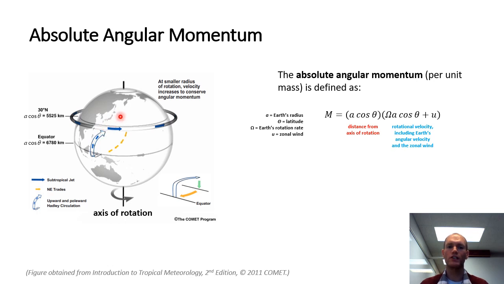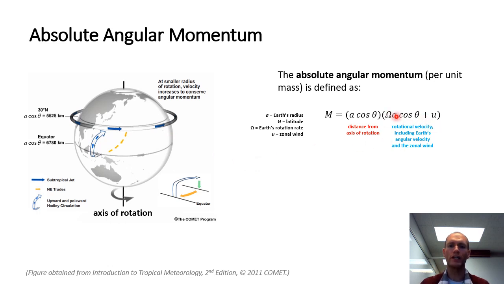And because the Earth curves as you go from the equator toward the poles, that distance approaches 0 as you go from the equator, where it has its maximum value, towards 0 at the north or at the south pole. So a times cosine of theta at 30 north would be 5,500 kilometers, so about 1,250 kilometers less than it was at the equator, and it continues to get smaller as you go northward from there.